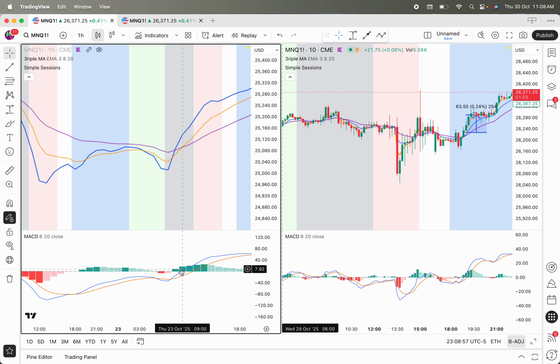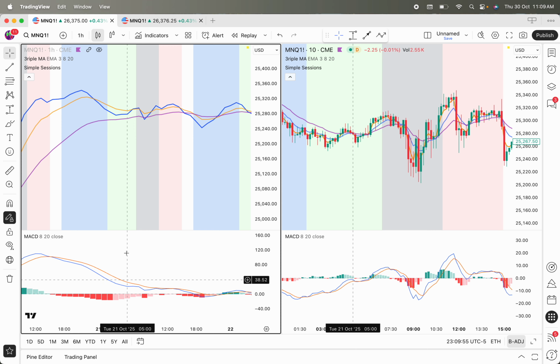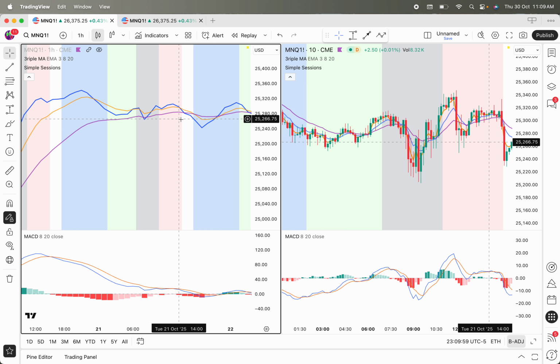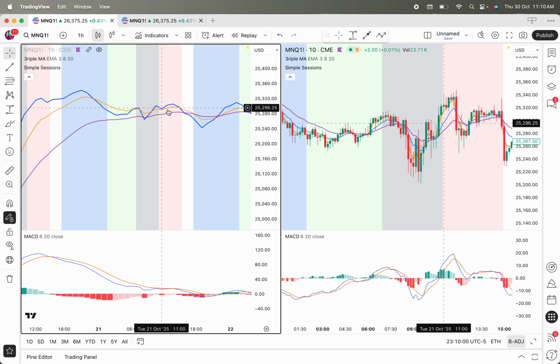So here you can see that blue was below orange. The MACD was also pointing down, but none of it really crossed over. So realistically, this whole day there were really no trades if you base everything around the 20 period moving average. It's up to you.